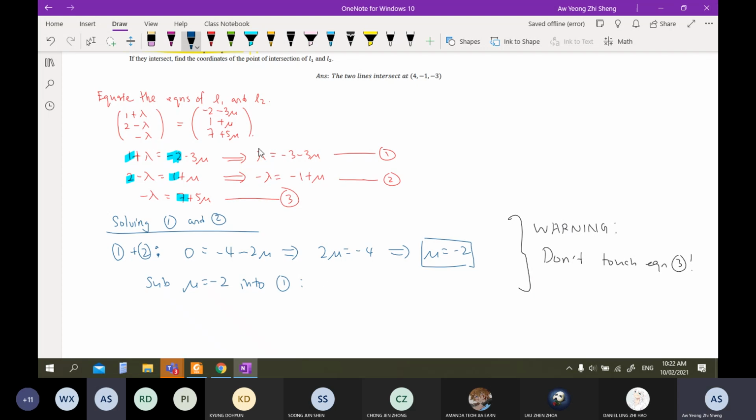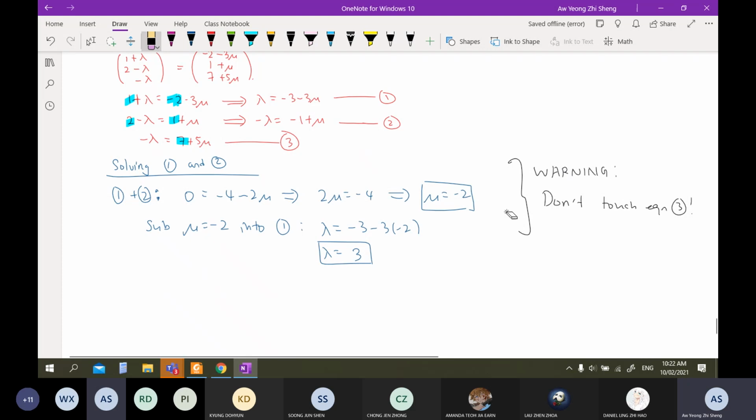I sub it into equation 1. I have lambda equals to minus 3 times minus 2. Then lambda would be 3. So at this part here, don't ever touch equation 3. Equation 3 is reserved for checking.